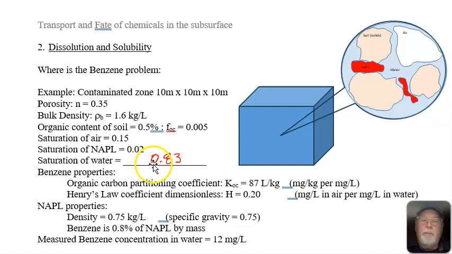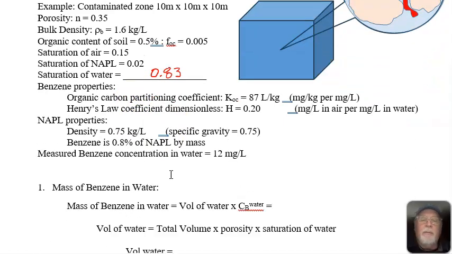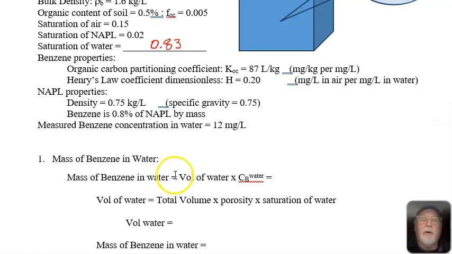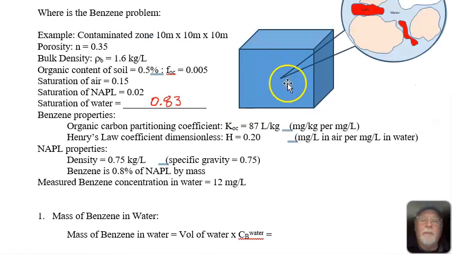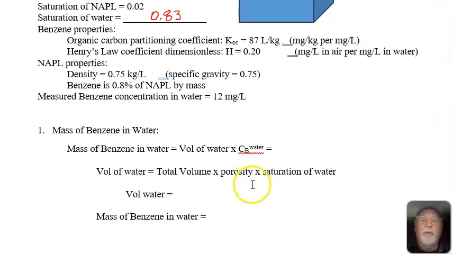We have information on benzene that we'll need for our other properties, information on the non-aqueous phase liquid, gasoline in this case, and then the measured benzene concentration in water. So if I want to know the mass of benzene in the water in this box, I need the volume of water times the concentration of benzene in the water.